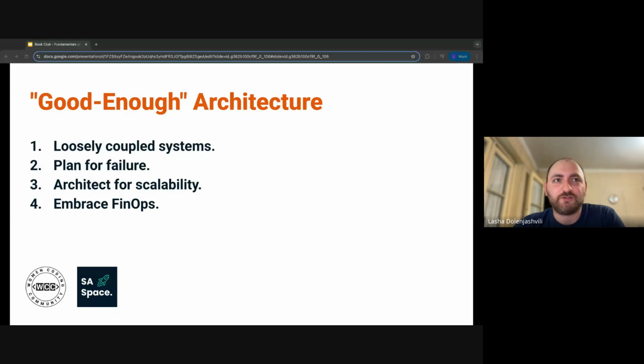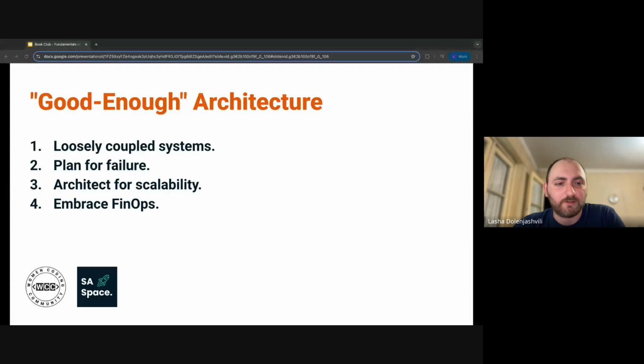This is how much data you can afford to lose. So if you plan for failure, you make your data redundant and you use different replication approaches, it's best to go with that approach.